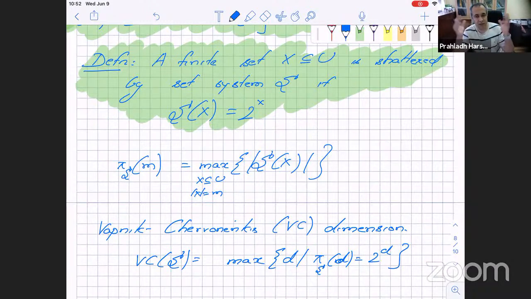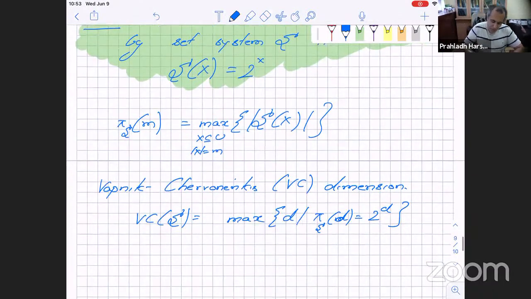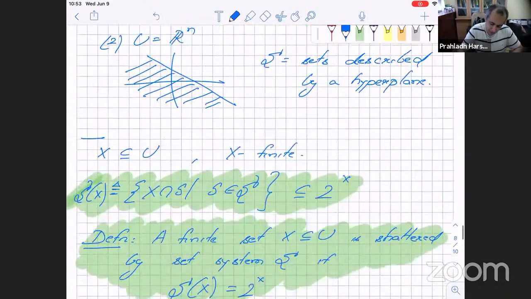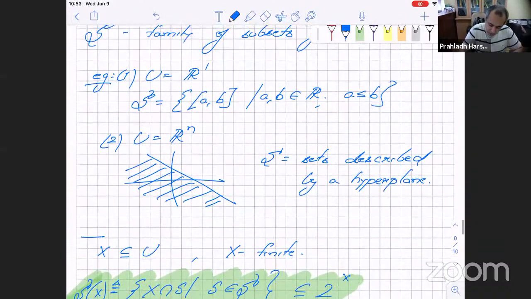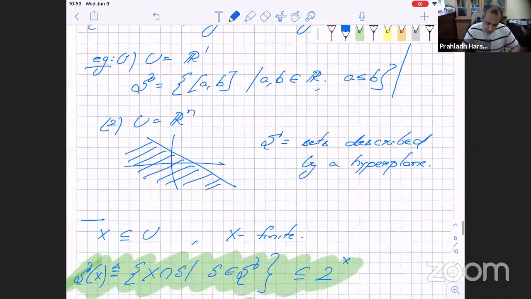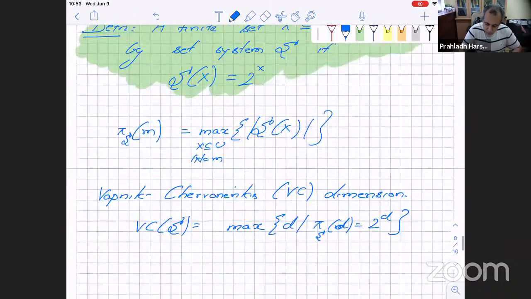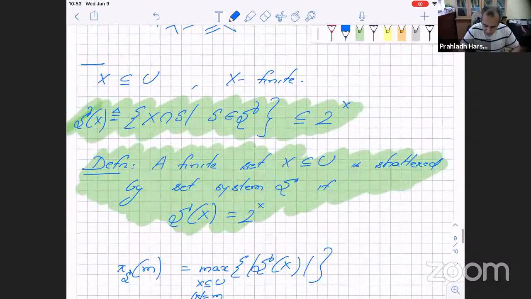It is the maximum size of a set, taking sets of larger and larger size, such that when you shatter it, you get all possible subsets of it. So I want to claim for this example, the VC dimension is 2, and the VC dimension of this one is 3.